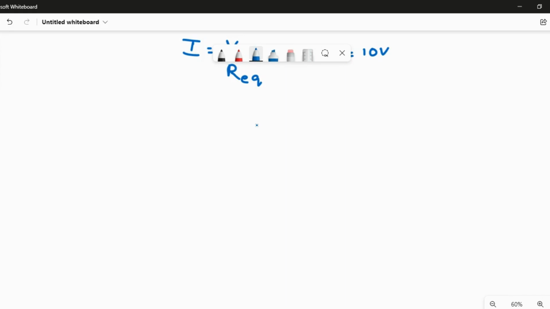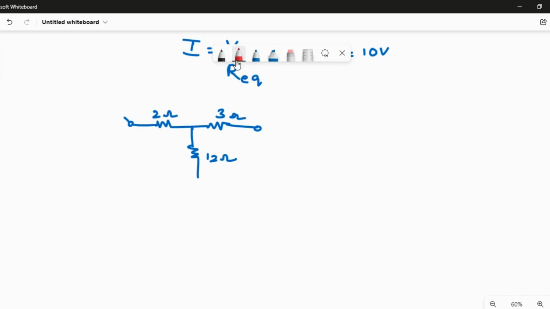I will draw the star connected network. These three resistors are connected in star. This is 2 ohm, this is 3 ohm, and this is 12 ohm. Now we have to convert these three into a delta network.